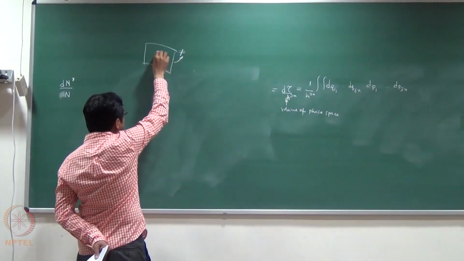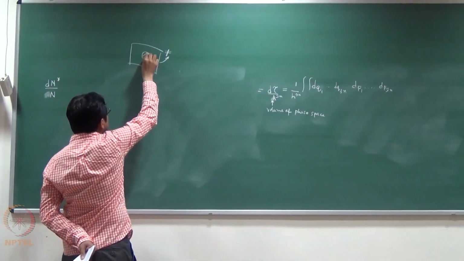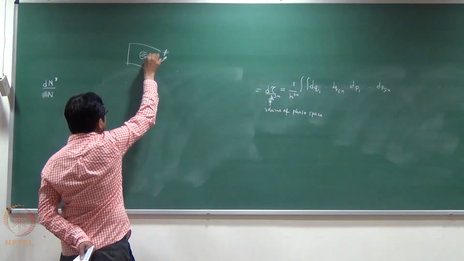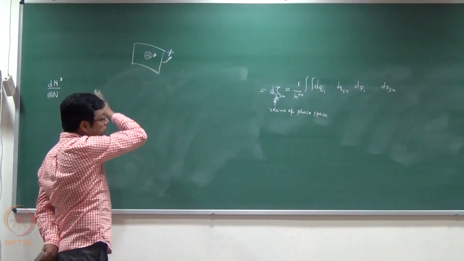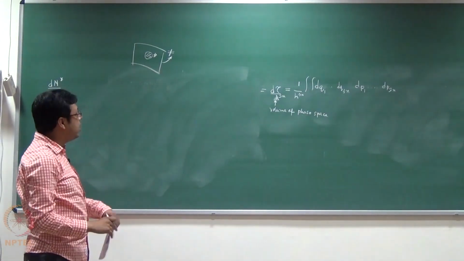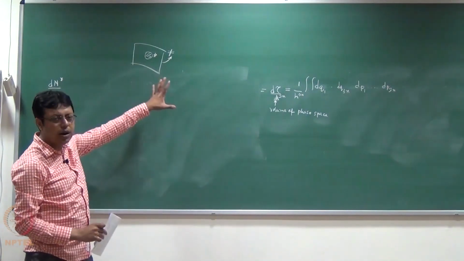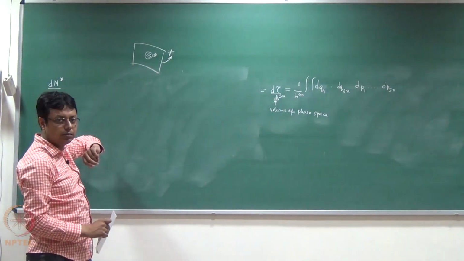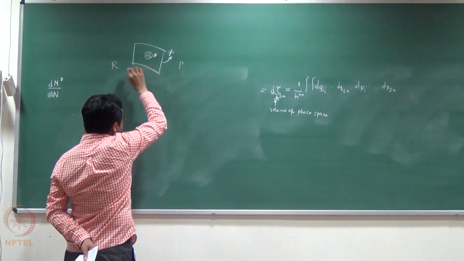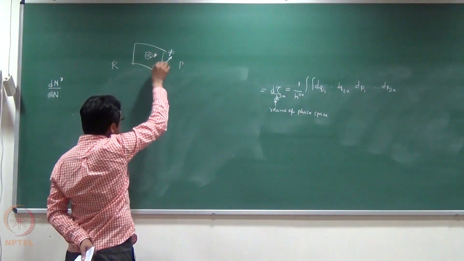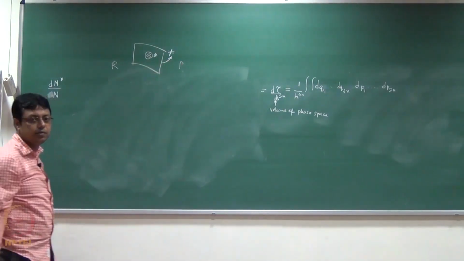Within the surface there is a subsurface which right now I am just denoting as star, and then there is a global phase space area where the reactants and products and everything is there. So there is a reactant region, there is a product region, and this surface is dividing them, and this surface is basically the transition state surface.